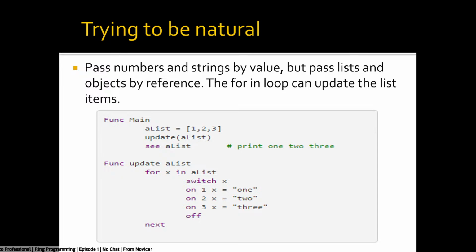Common between the two, the for in loop can update the list items. Func main, a list, update a list, see a list, print 1, 2, 3. Oh, okay, that's your console.log or whatever, or println. Func update a list, for X in a list, switch X. Ooh.